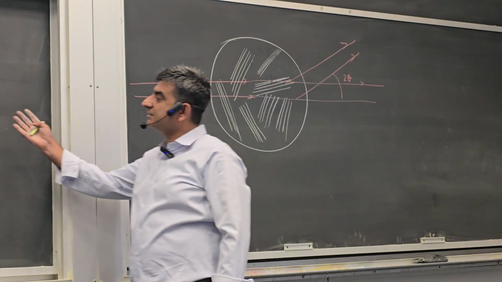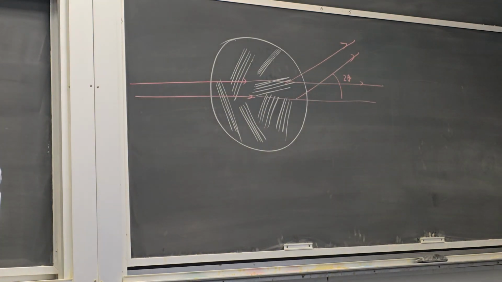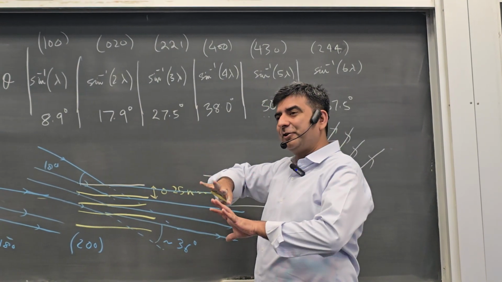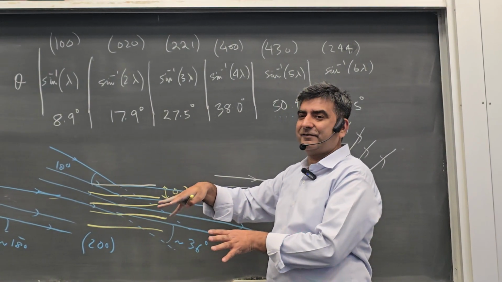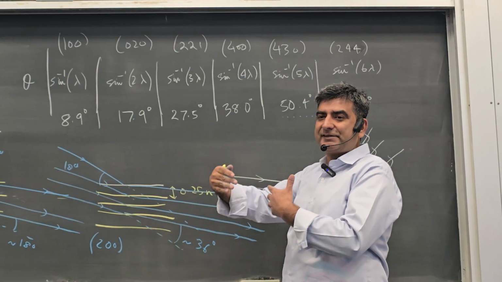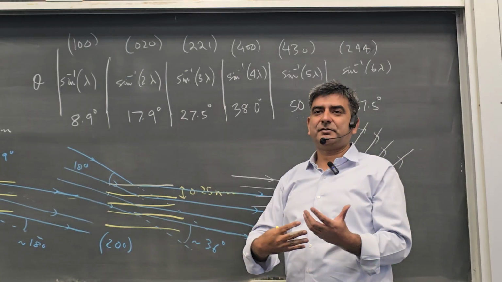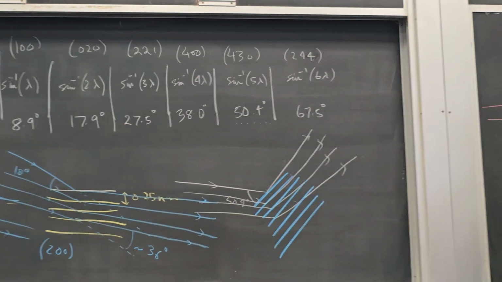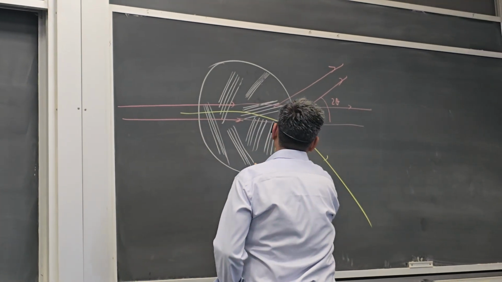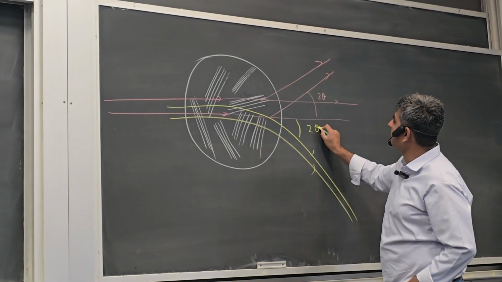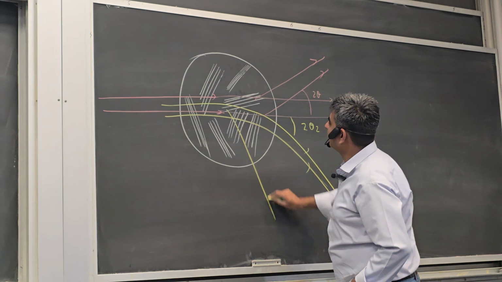Because all of these planes satisfy the Bragg condition for different angles. And depending upon the orientation of the crystallite itself, some crystallites will be exposed in which the planes have the correct orientation. So you might get scattering at some other angle, some other 2 theta.